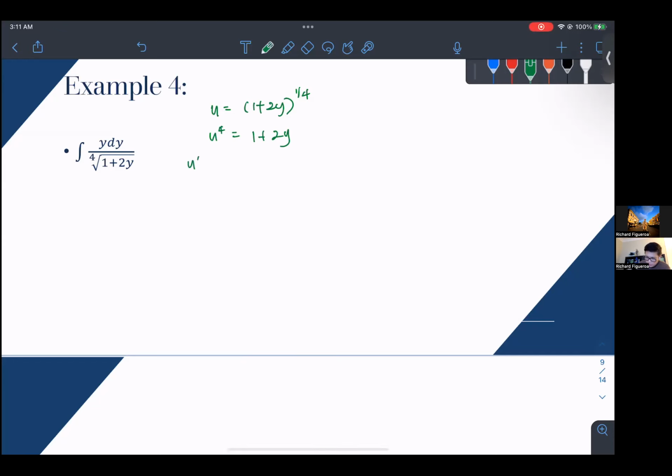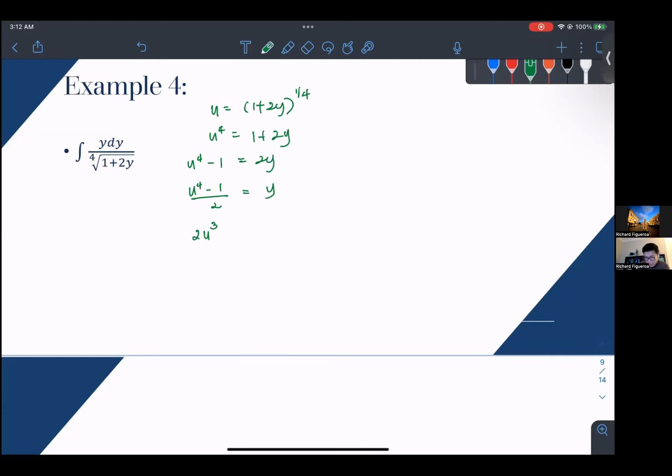And then u raised to the fourth minus 1 is equal to 2y. And thus u raised to the fourth minus 1, all over 2, is equal to y. Once we differentiate this, the derivative of u to the fourth over 2 is 4 over 2, which is 2, then u raised to 3.